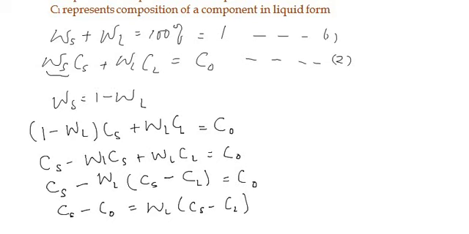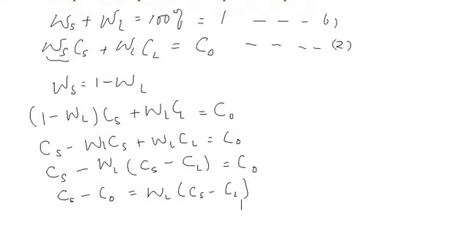To make it look more standard, you can take the one containing wl to the left hand side such that it will become wl is equal to, you can divide both sides by cs minus cl to isolate this, equal to cs minus co all over cs minus cl. So this is your equation for wl. You can name it as 3, right?